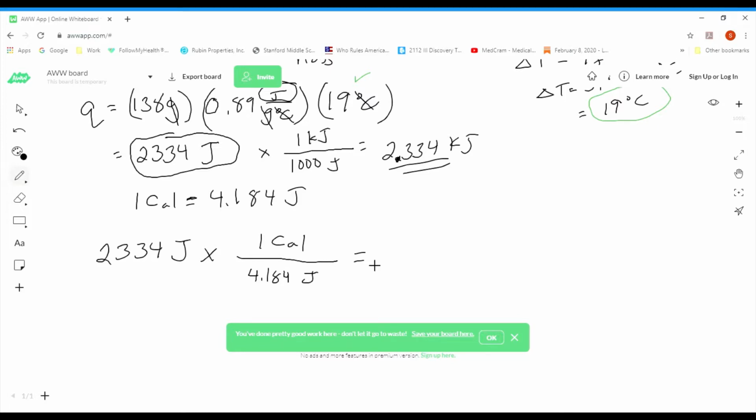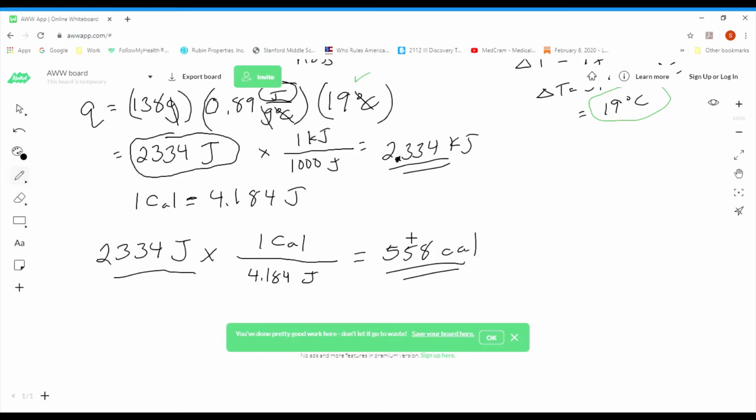So what this is telling us is we have to take the 2,334 divided by 4.184. And when you do that, you get 558 calories. So this is the same amount of energy as this many joules right here.